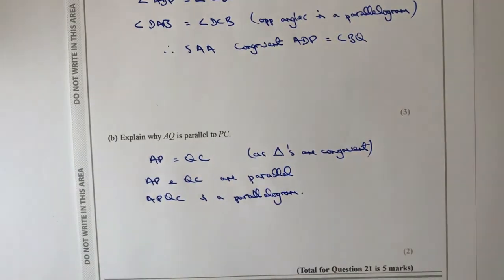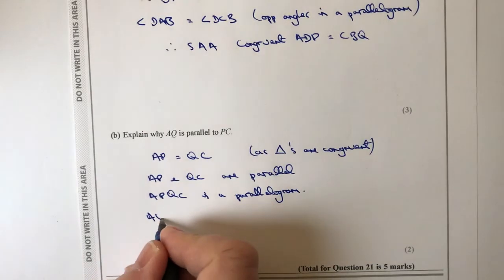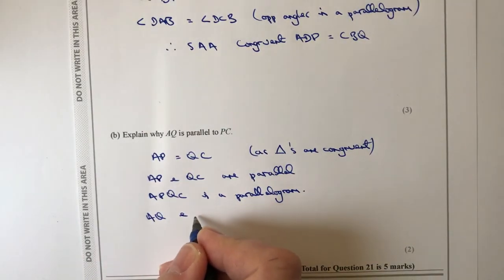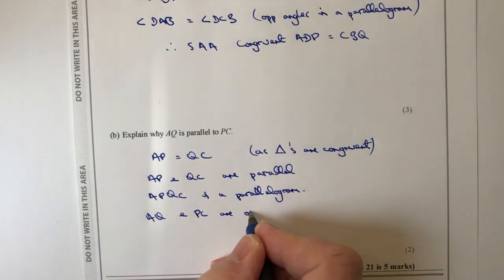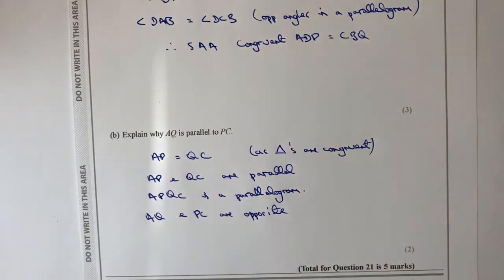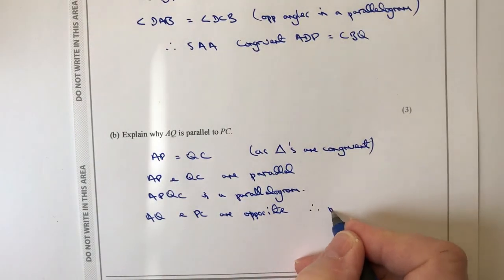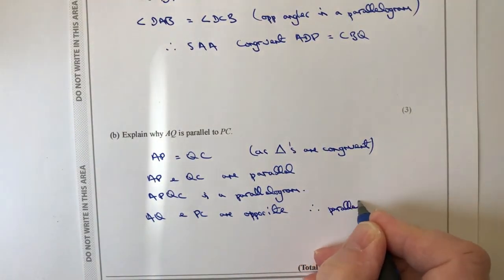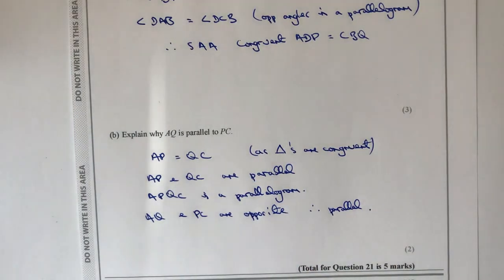And that is because AQ and, rather, PC are opposite each other. Okay, and if they are opposite each other, they are therefore parallel. And that would conclude this particular question and should give you the full 2 marks.